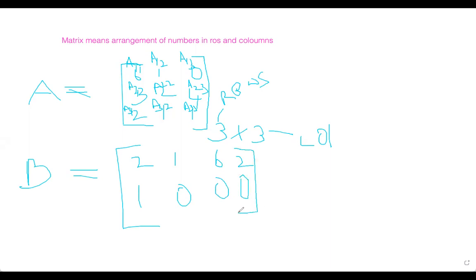Now how many rows does B have? 2 rows, 4 columns. Ma'am, 2 row, 4 column. It has 2 rows and 4 columns.